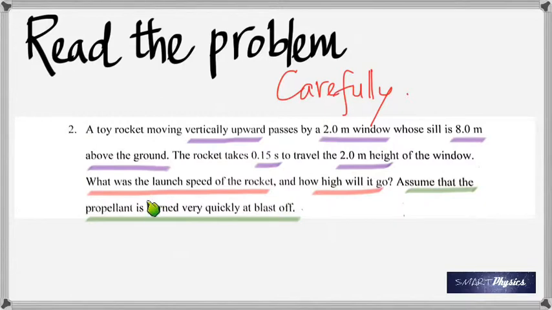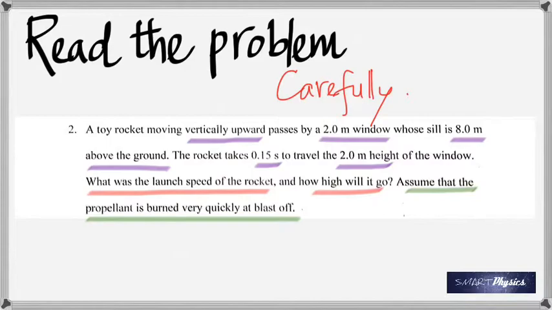So those are the 2 questions that you have to find. With what speed it blasted off and how high it will go. Obviously it's going to go much higher than the top of the window. And then there is an assumption that the propellant just burned off quickly, in a millisecond or in a tiny bit.